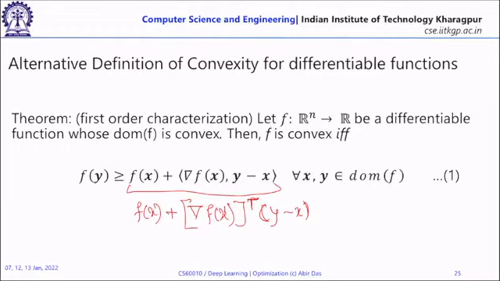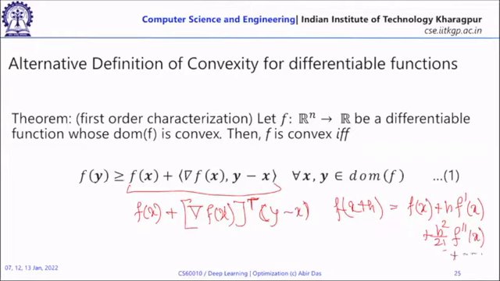So this is the Taylor series for multiple variables. How do we remember it? In the Taylor series, when it is scalar, f of x plus h is f(x) plus h f dash x plus h square by factorial 2 f double dash x and so on, where dash means single derivative, double dash means double derivative, and so on.